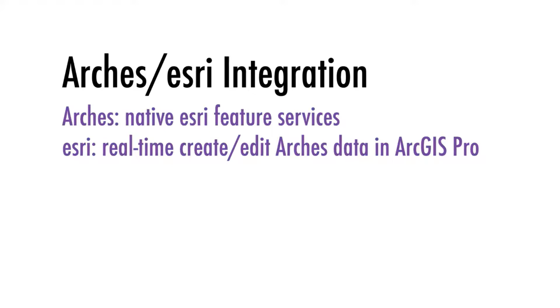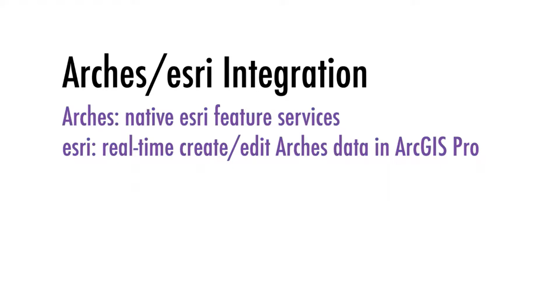In particular, we've built an integration between ArcGIS and Esri that allows ArcGIS to publish native Esri feature services. And apologies for the jargon, but if you're a GIS person, that probably means something to you, so that you can use a completely different technology.